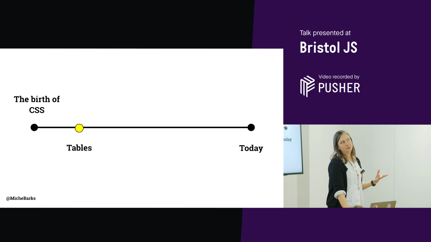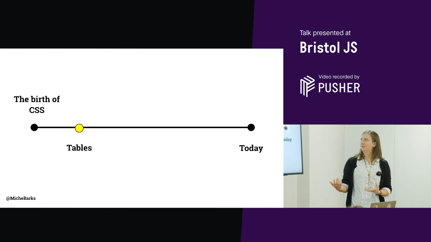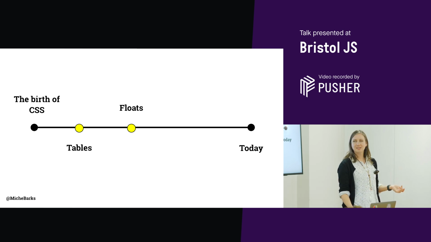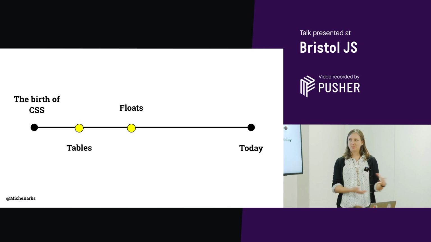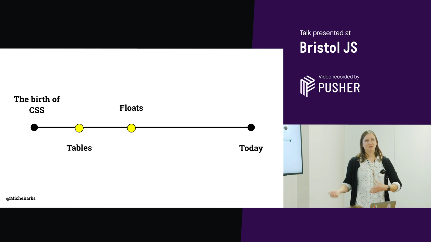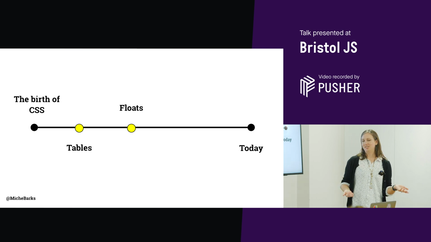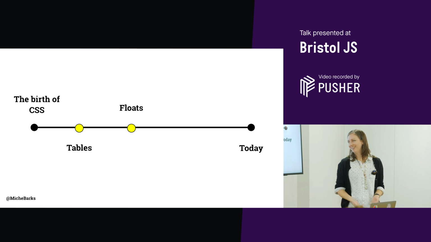Then a few people said that this was a pretty bad idea for lots of reasons, and people stopped using tables, and we started using floats instead. If any of you have worked with building layouts with floats and writing clear fixes and so on, it's not really a very fun way of building a layout. It's not particularly intuitive, and the code looks quite gross.